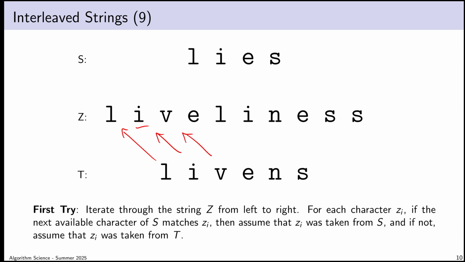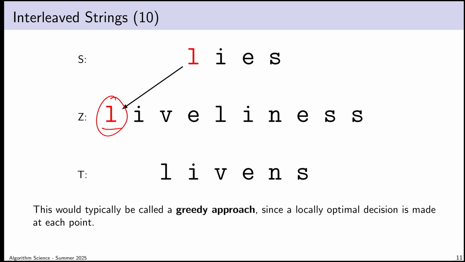Then I have to take the V from T, and then the E from T, and then I have to take the L. It turns out that the only place where I could have made the wrong decision is the first character, but I did make the wrong decision there. Because my greedy approach, which tried to take one step at a time and just choose a step and stick with it, made the wrong decision. There is some ambiguity, and there was no way, from the point of view of this first character, to know which of the two strings I should take the first character from.